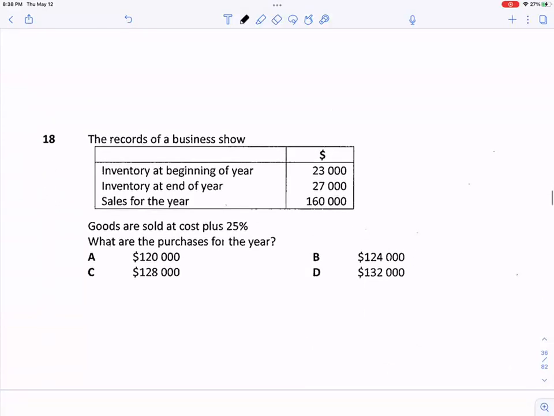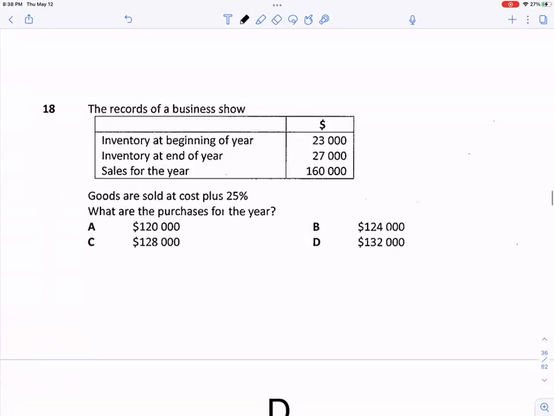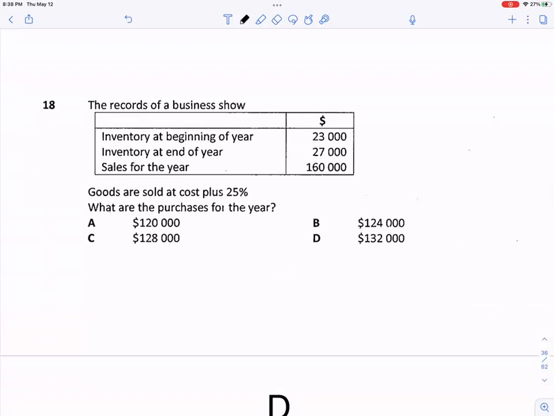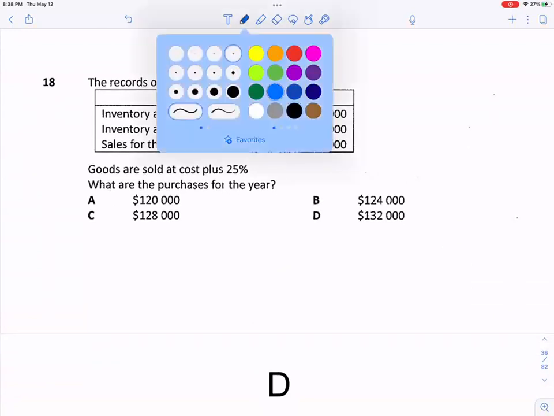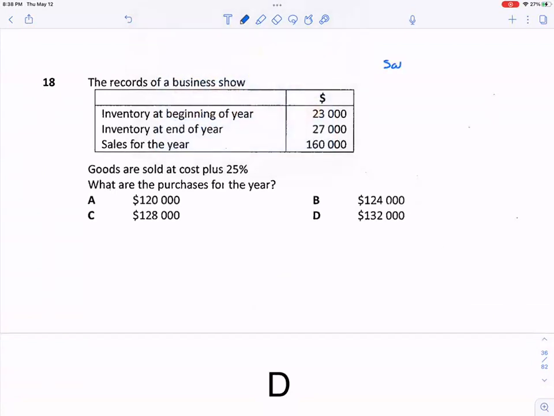Come on. Calculate purchases. How will you do it? I think 160,000 minus 23,000. You don't have cost of sales.